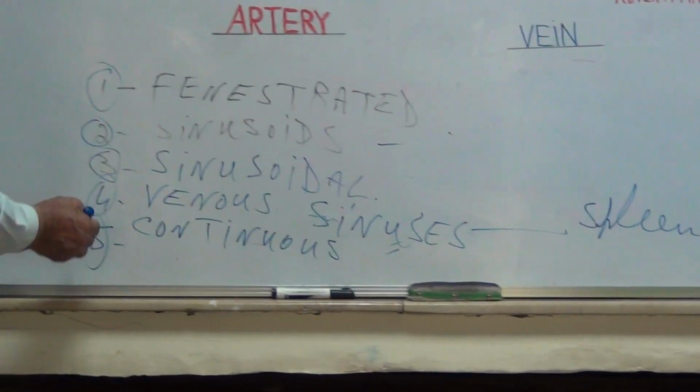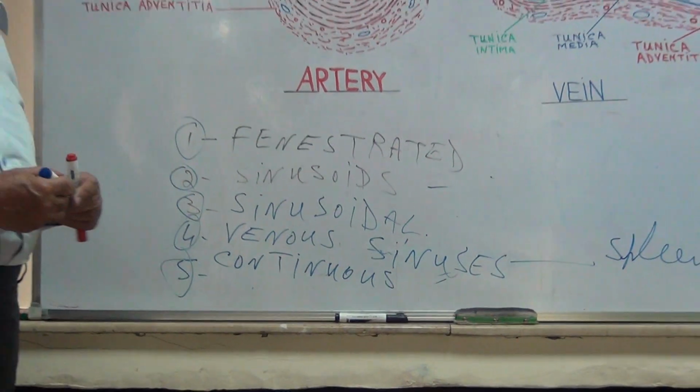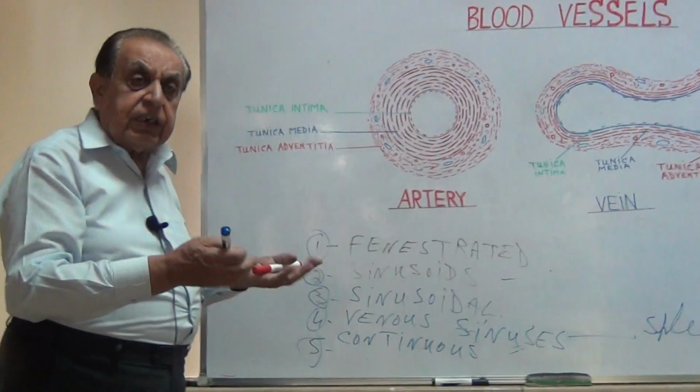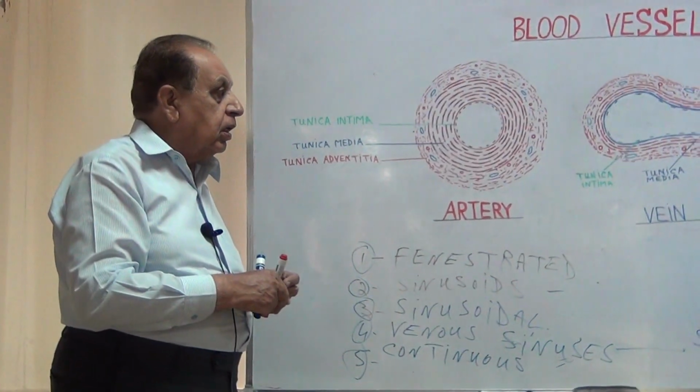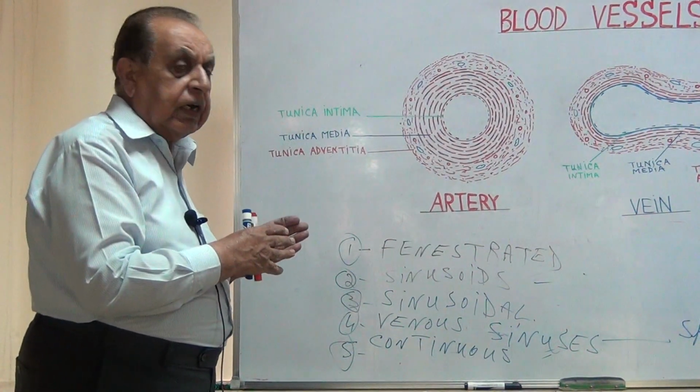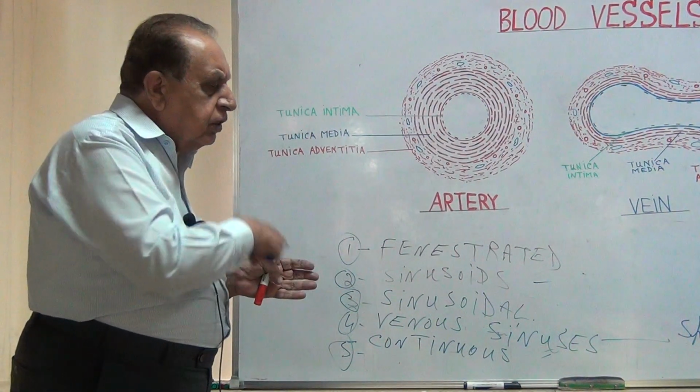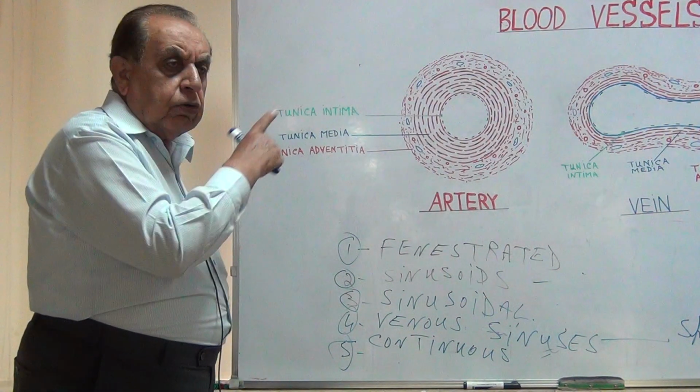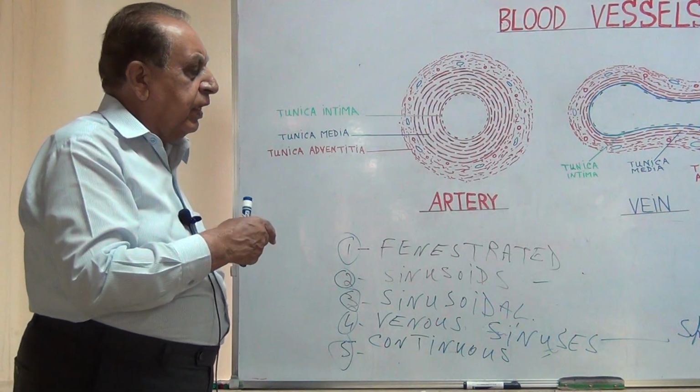The last one is the continuous capillaries. These capillaries have no fenestrae and no intercellular gaps. They are continuous, and their cytoplasm is continuous and complete.